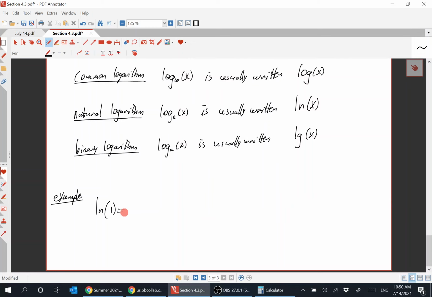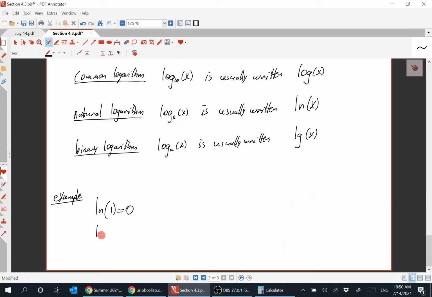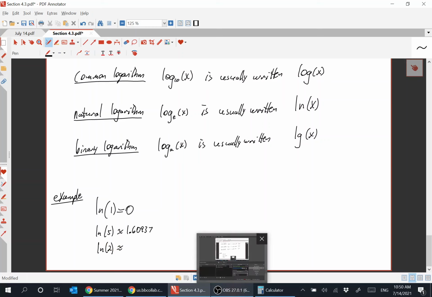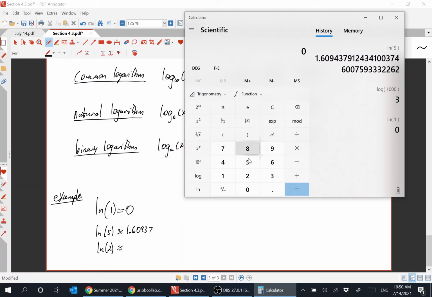So anyway, the natural log of 1 is 0. The natural log of, say, 5 is 1.60937. The natural log of 2, believe it or not, is actually a number that pops up in some interesting calculations that you'll see in Calculus 2 if you take that.